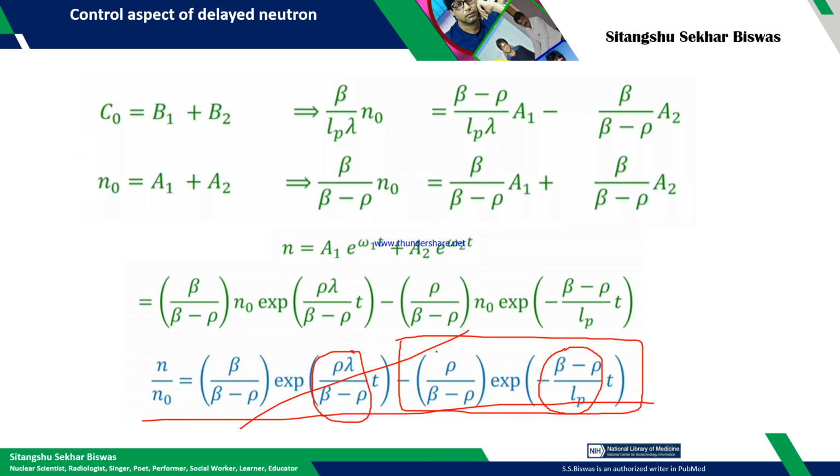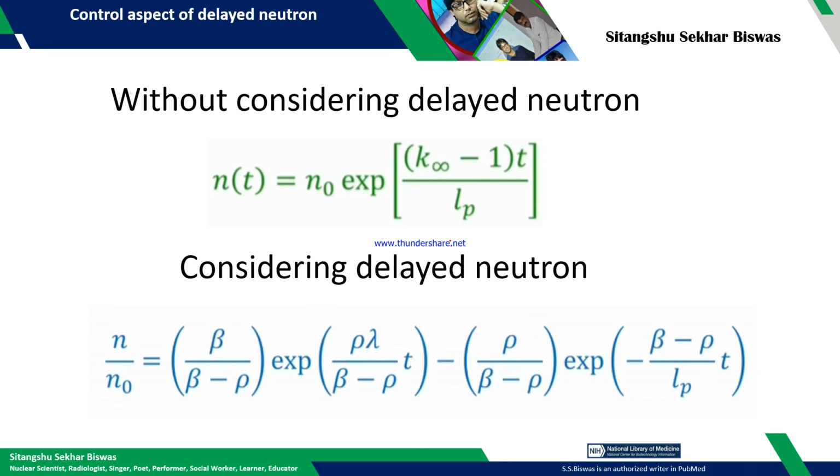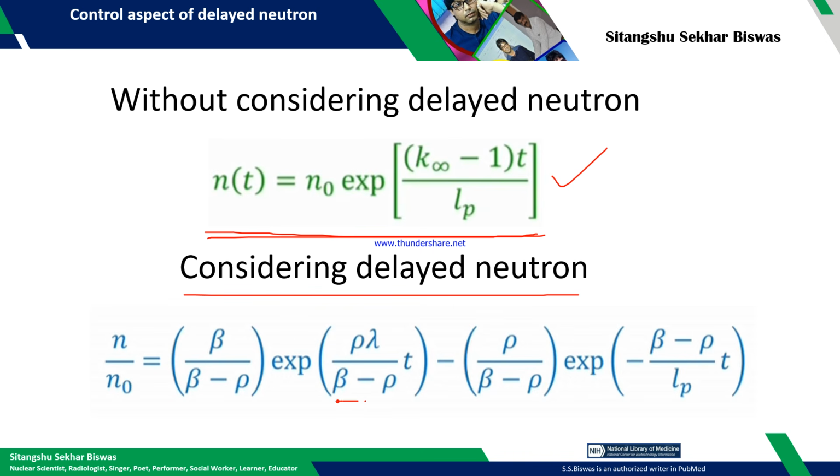Okay, so now in a final conclusion, this you are already familiar with. If we consider a nuclear reactor only populated by prompt neutrons, then the instantaneous neutron population equation is like this. And considering the delayed neutrons, what we did in this lecture, we have understood that n by n0 is equal to this, and this term is your omega 1.